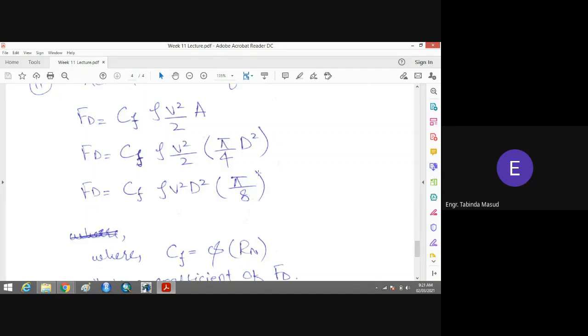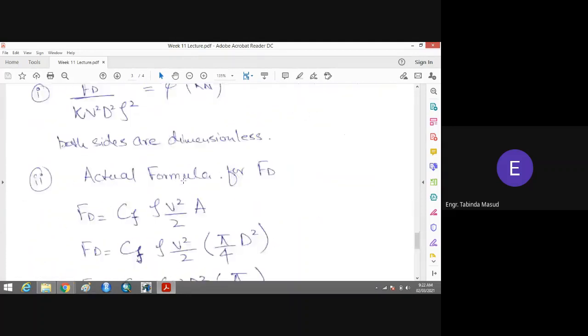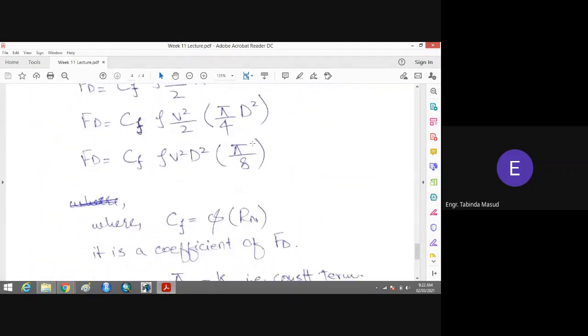In this actual formula you can see that this pi by 8 is a constant term, which we have introduced in terms of k. So here pi by 8 is actually equal to k. And what is this CF? This CF, which is known as the coefficient of drag force, is actually a function of the Reynolds number. If you check the formula for finding the coefficient of drag force, you will find that it contains the Reynolds number.